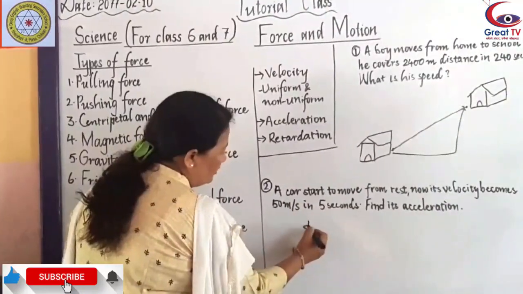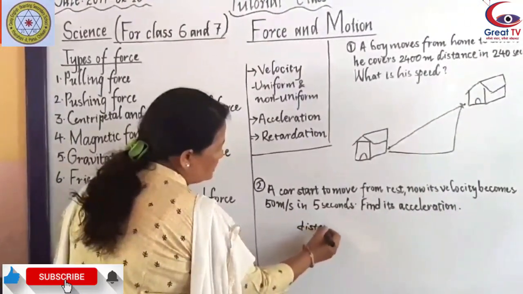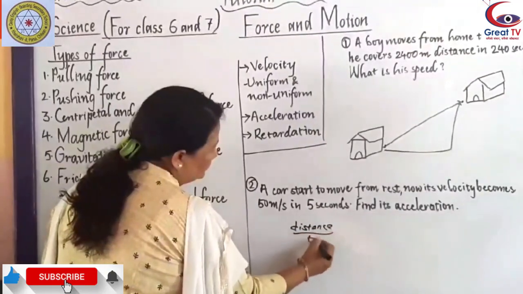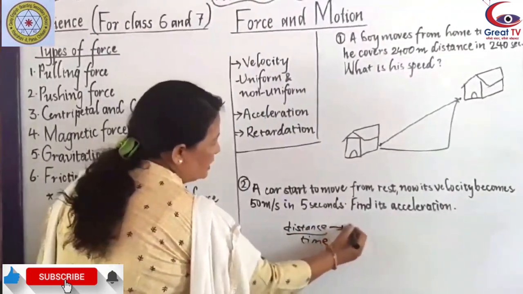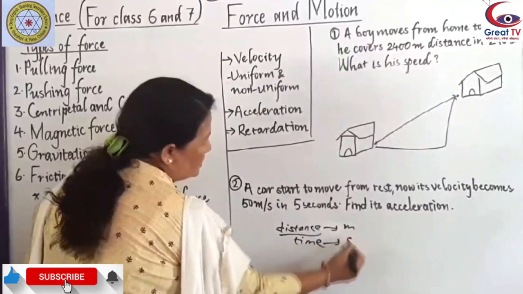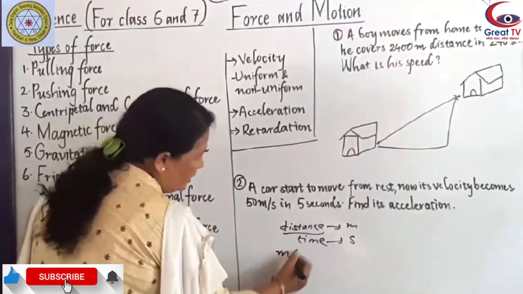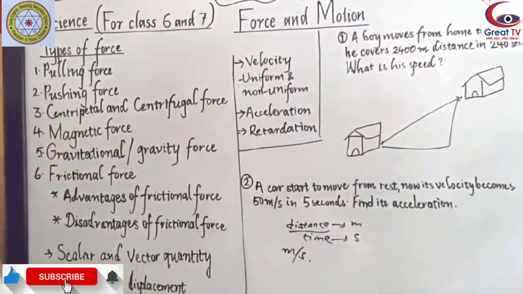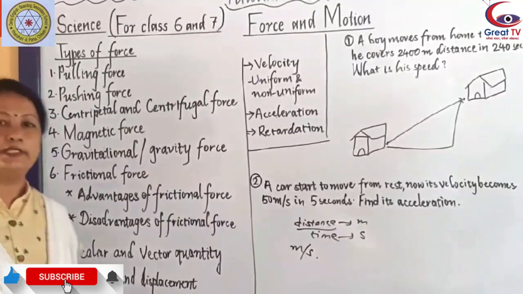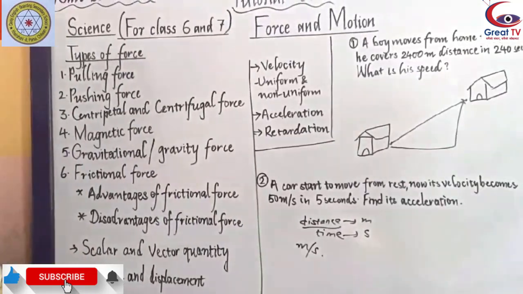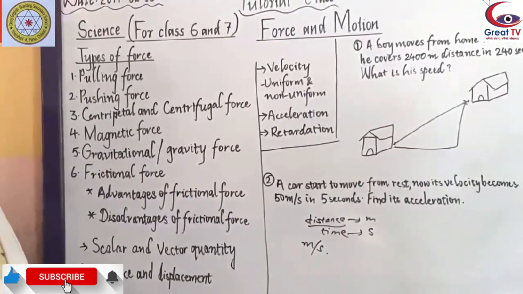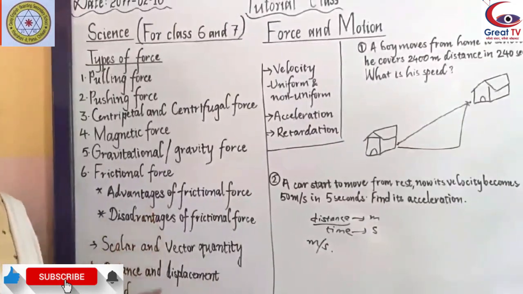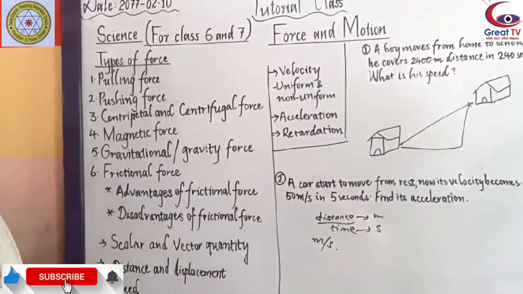The formula of speed is distance by time. The SI unit of distance is meter and time is second, so the SI unit of speed is meter per second. Speed is a scalar quantity because it has only magnitude, not fixed direction.